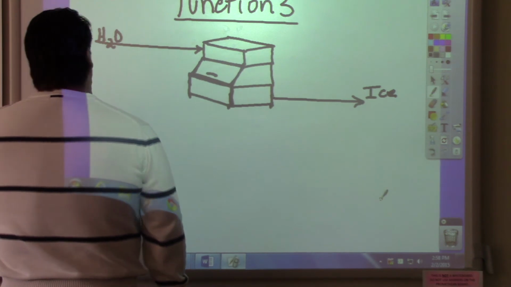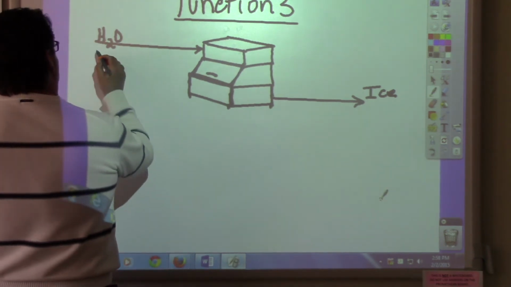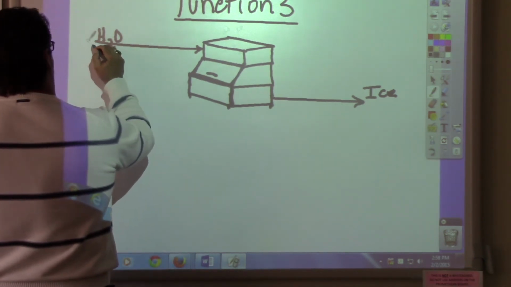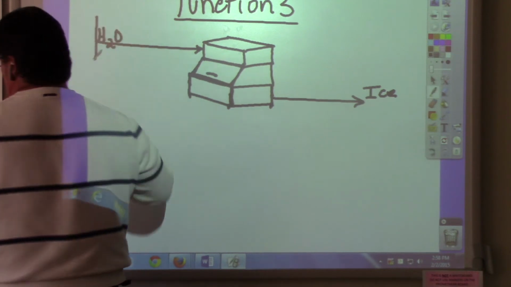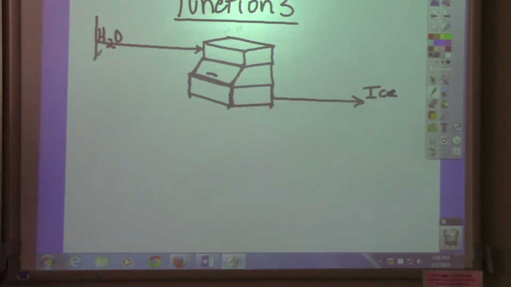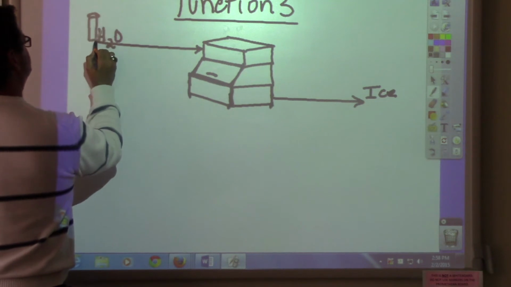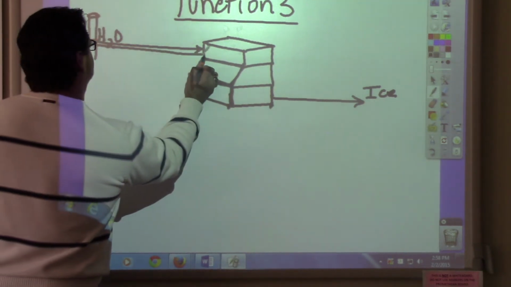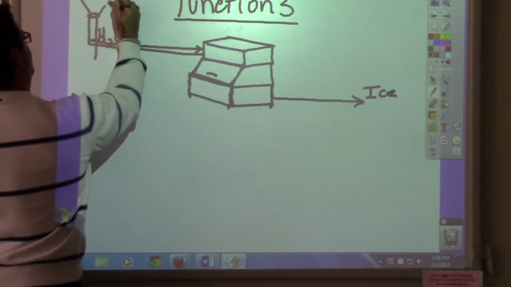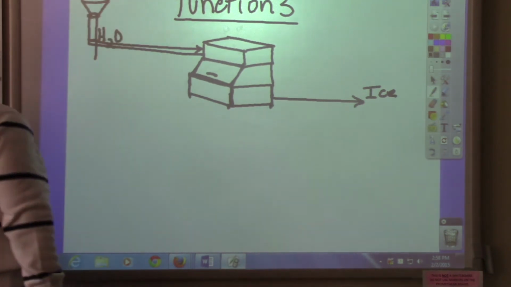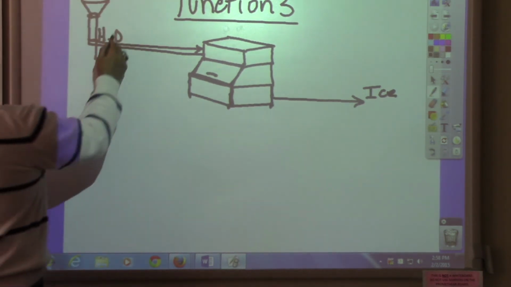Now, let me ask you a question. What if I cut the water off? Just take a saw and cut the PVC or whatever it's called, just cut it. And I put a funnel on the end of it. Let's just draw a funnel. There we go. And in that funnel, I tell you, we're not going to pour water.